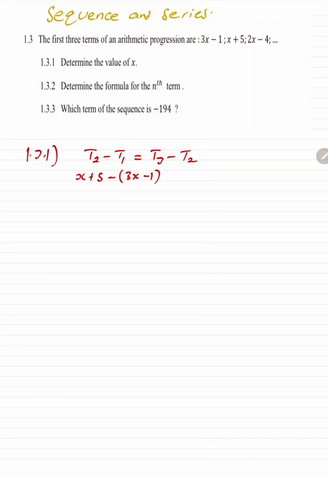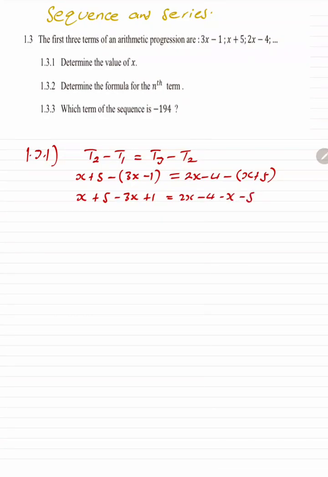That's why it's very important for you to understand that. What is our T3? T3 is 2x minus 4 minus, again, T2 is two terms, so that's going to be x plus 5. Then remove the brackets. Then we're going to have x plus 5 minus 3x plus 1, equals 2x minus 4 minus x minus 5.